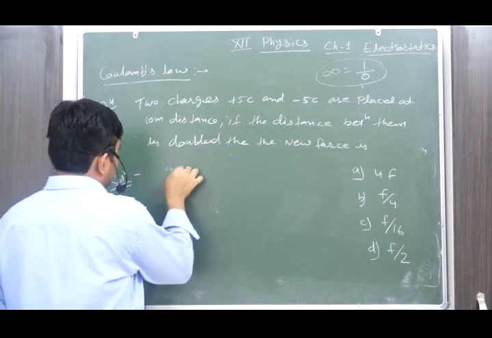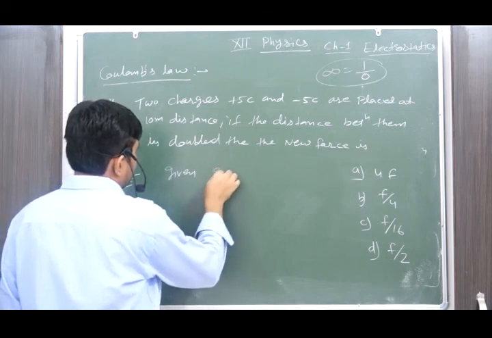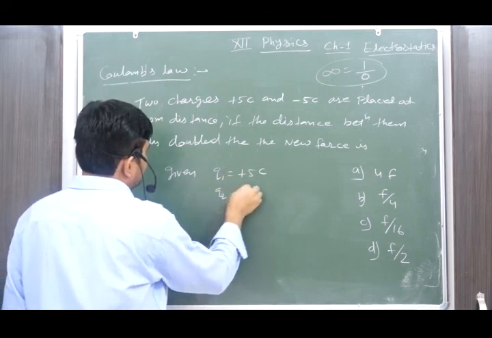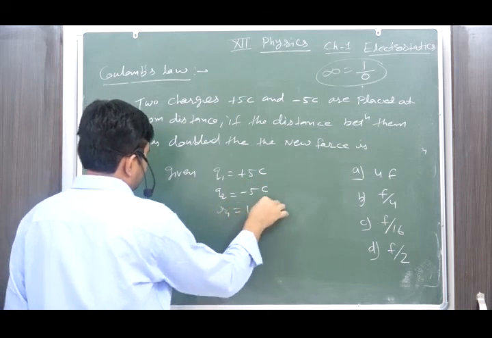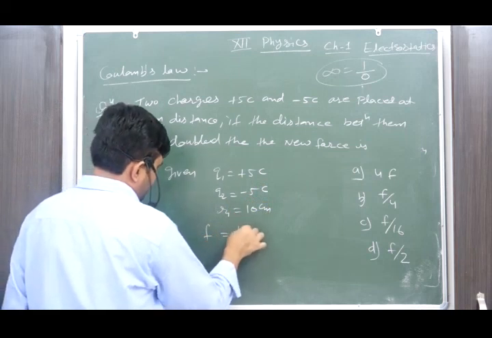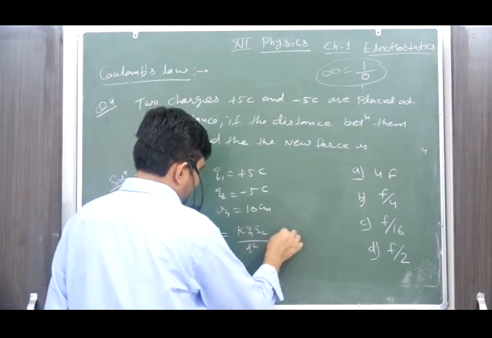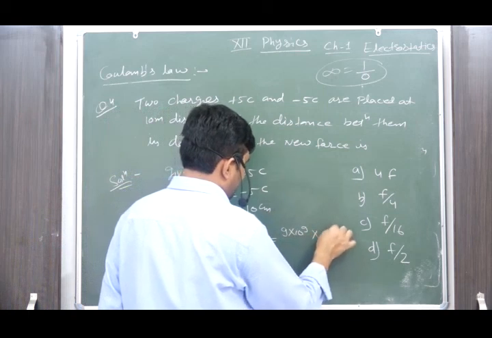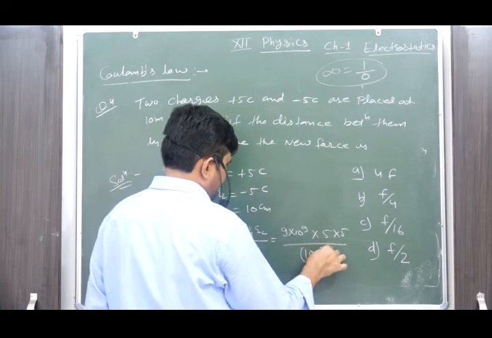First the given data: Q1 equal to plus 5 coulomb, Q2 equal to minus 5 coulomb, R1 equal to 10 centimeter. If needed, we can calculate the force as K Q1 Q2 upon R square, where K is 9 into 10 to power 9, times 5 into 5, divided by 10 square.